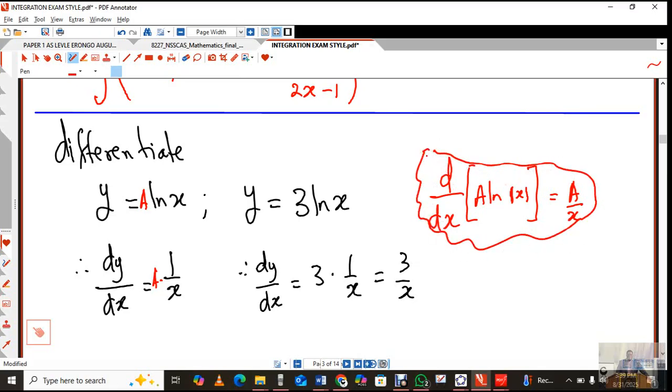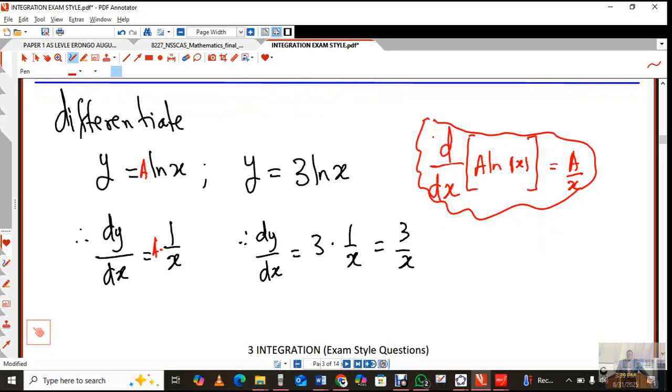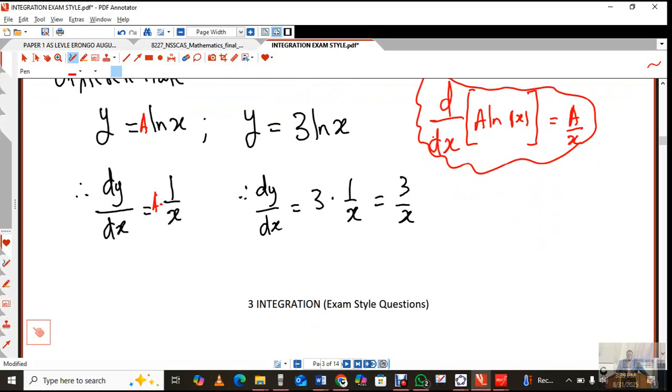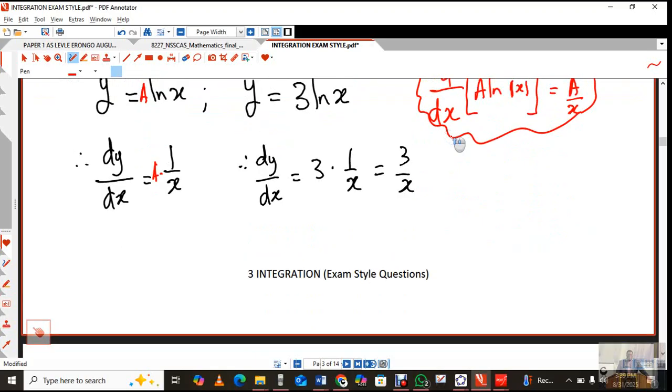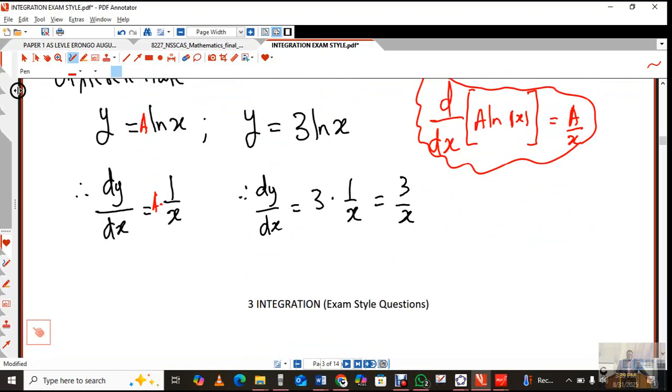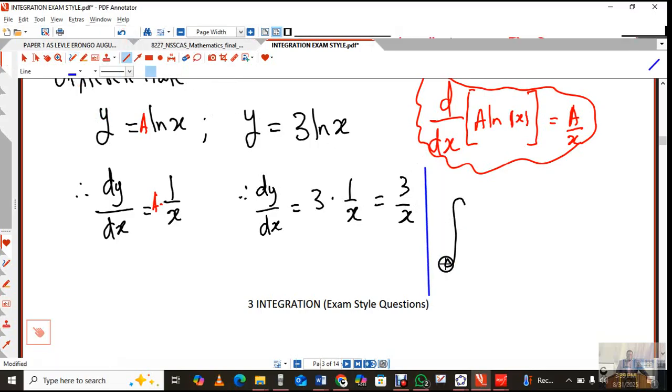So we need to be able to know, okay, if I do that for differentiation, then I can actually go back. Since differentiation is the opposite, if I was to integrate, let me just draw a line over here, just to create space, anything a over x with respect to x, then its integral must be this.